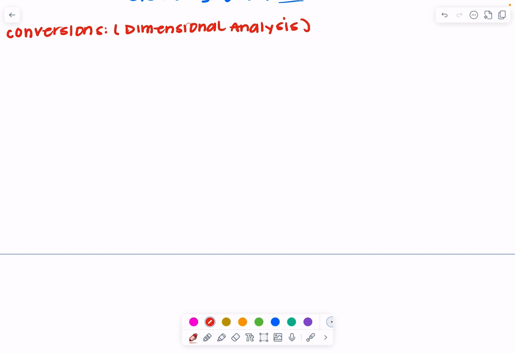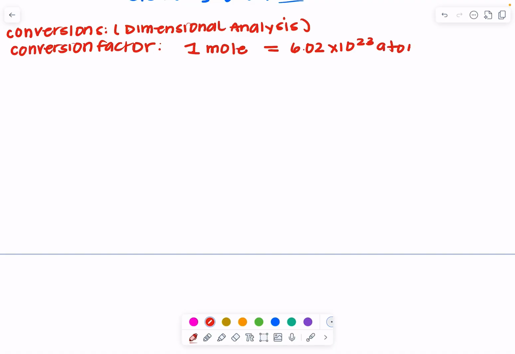When we do dimensional analysis, we need a conversion factor. And conversion factors look like what we just saw earlier. 1 mole is equal to 6.02 times 10 to the 23rd atoms, let's just say.